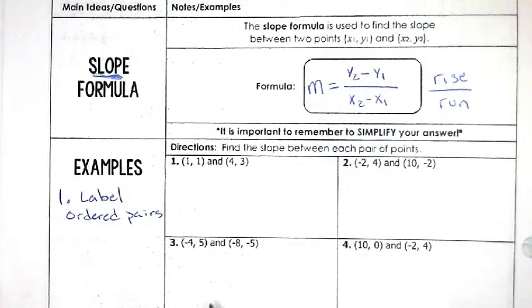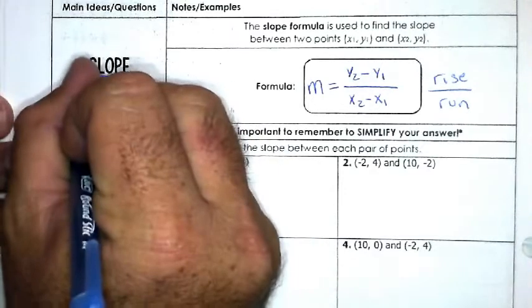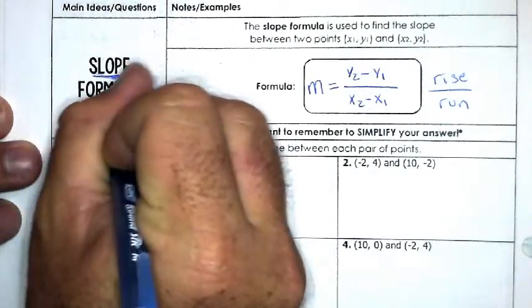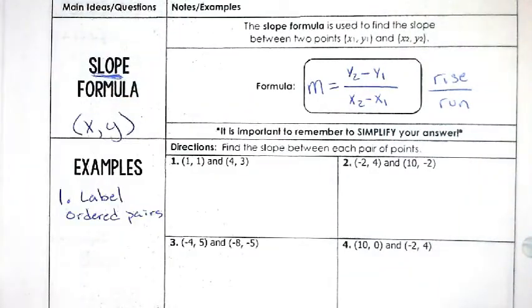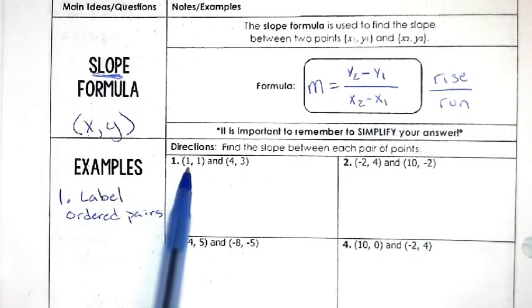Now, ordered pairs are always written as x comma y. Would y'all agree? Hopefully y'all do. Okay? Ordered pairs are always written as x comma y. Now, what dictates which is x1, y1, and which one's x2, y2 is literally the order in which they give them to you. 1, 1 and 4, 3. Which one is given to you first?